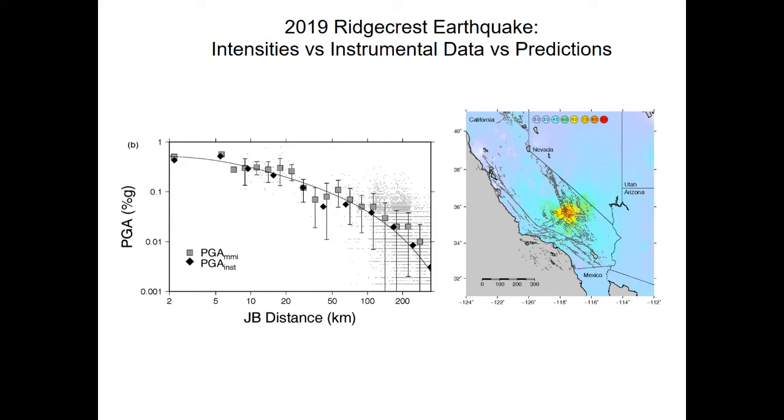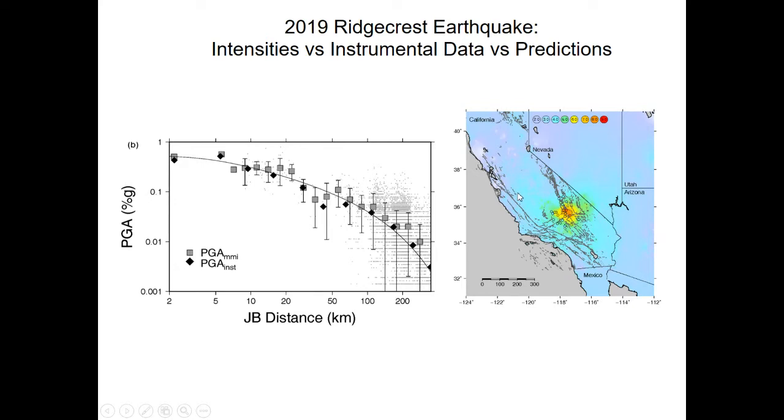If you want to know how strong was the ground, how strong was the shaking, where was it felt, we revert to intensity. What we've learned in recent decades is that these intensities now come from an online system, the Did You Feel It system, where people go to the internet and fill out a questionnaire about whether they felt the earthquake, whether there were effects or damage, and then an intensity number is calculated. So we get a lot of information very quickly to make a map like this.